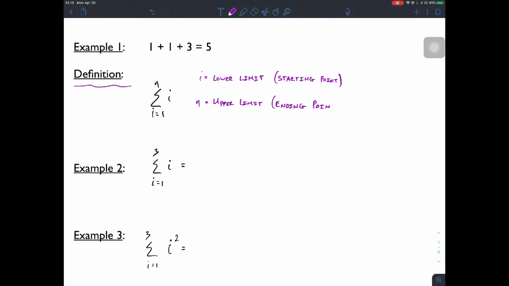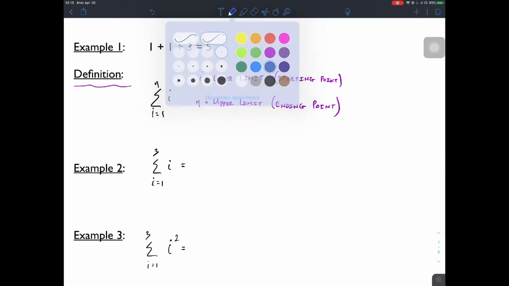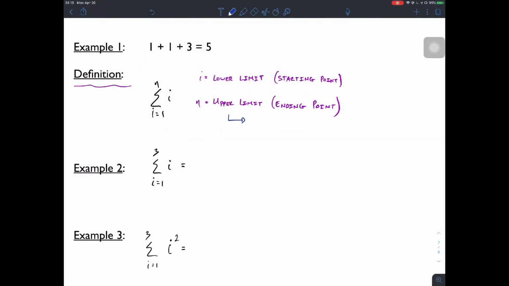What is unique to the sigma notation when it comes to summation is that this upper limit can actually be infinite. Though we won't get into that detail today, it's just something to keep in mind because we can have sums that can go on forever.